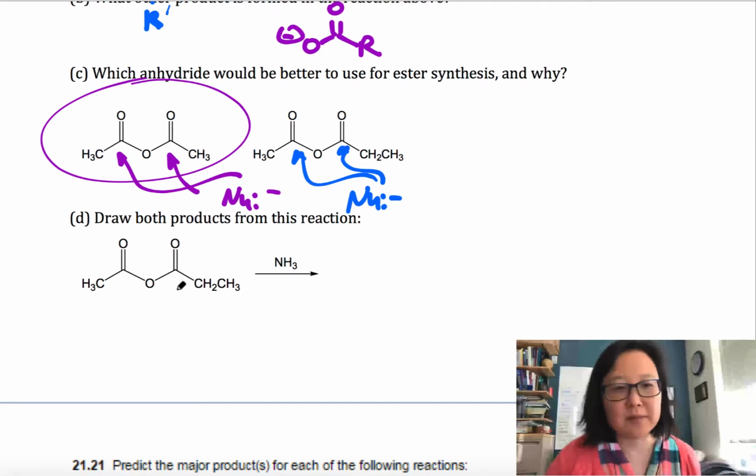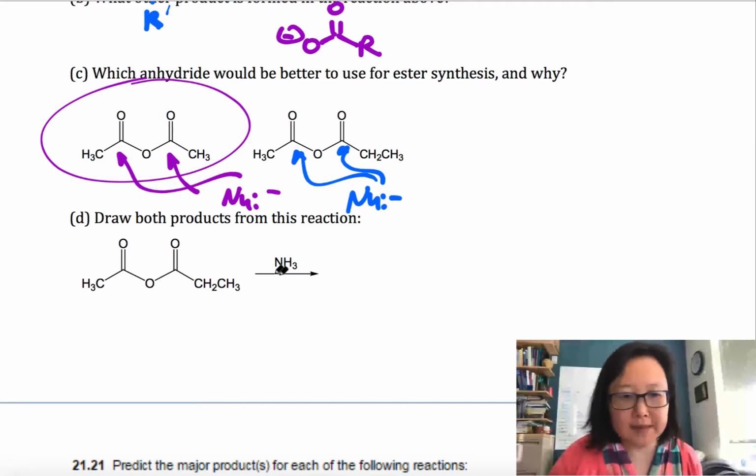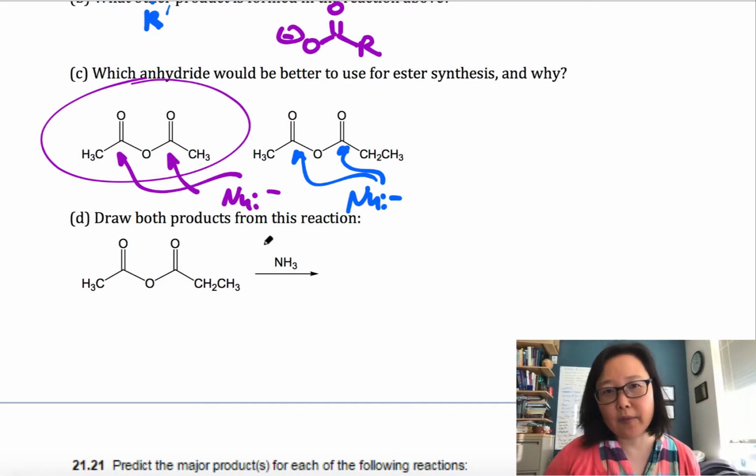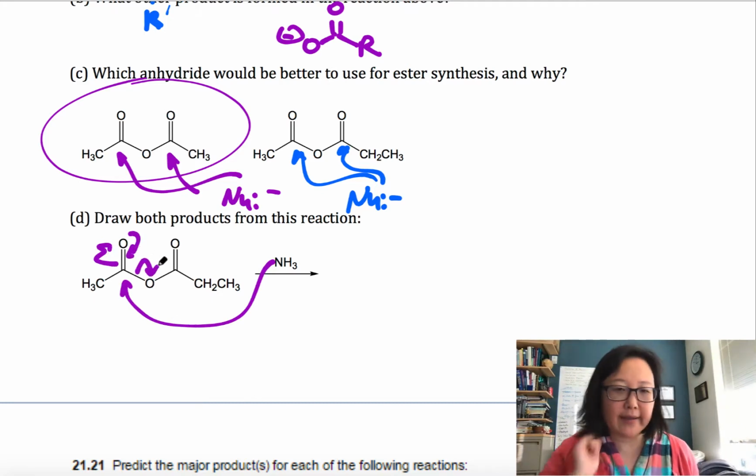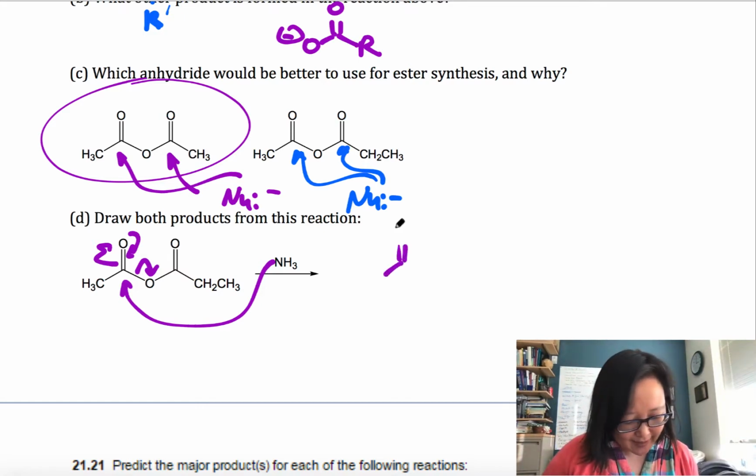Draw both products from this reaction, so now you can see what happens if I have an amine, and I have this acid anhydride. So you probably see two different ways that this could attack. So if I do the attack this way, and they're not asking me for a mechanism, so I'm just going to use a bunch of arrows just to figure it out in my mind. Then I would end up with this eventually.